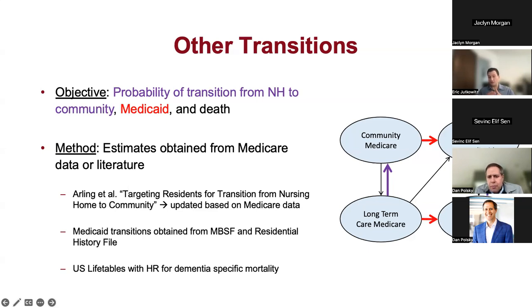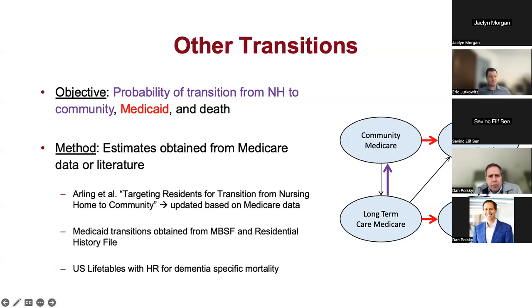And if they're in the nursing home, are they a long-stay resident, or is it for skilled nursing care? We also are able to identify if they're at any given point in time in the hospital or had an emergency department visit. So it takes all the information across the Medicare files and organizes it in a way where we can see place of residence for people more easily. So we use that to help inform the Medicaid transitions.